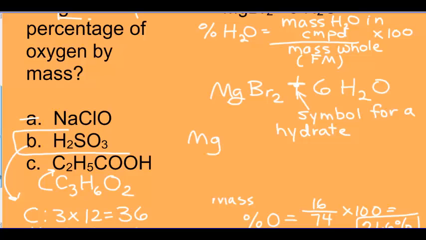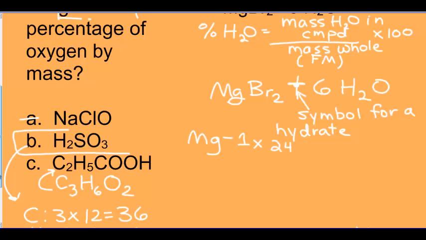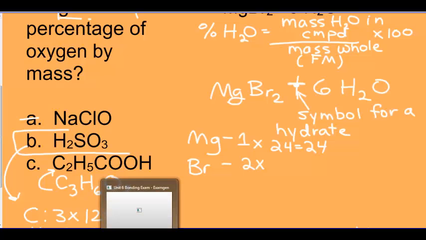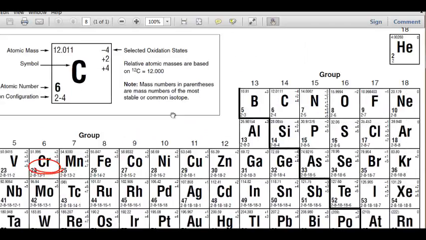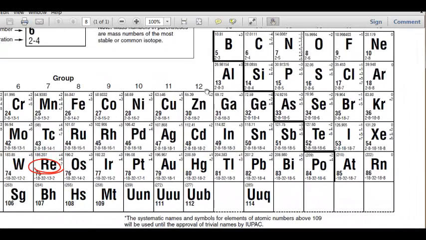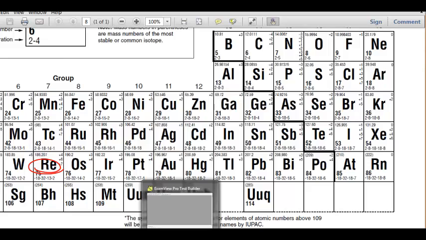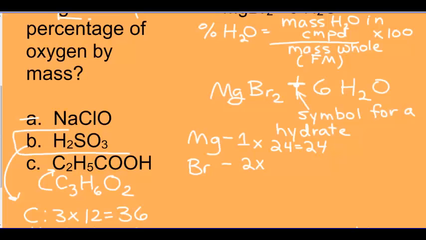We have Mg, 1 of them, and magnesium's mass is 24. Bromines, we have 2 of, and its mass, I don't know that one, I think it's 79. Let's look it up on the table real quick. Bromine, yep, 79.9, which will round to 80. So bromine's mass is 80, which is 160 for two, and we add those together to get 184.